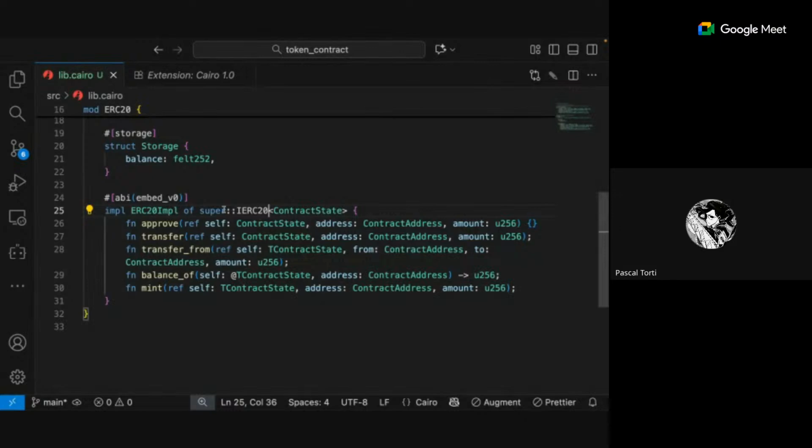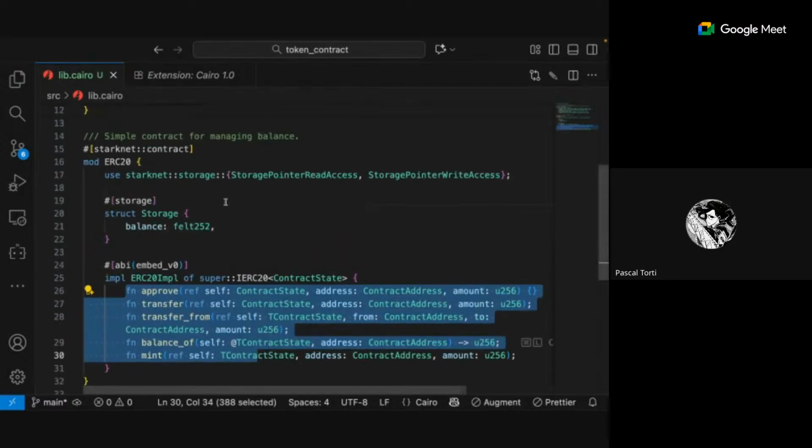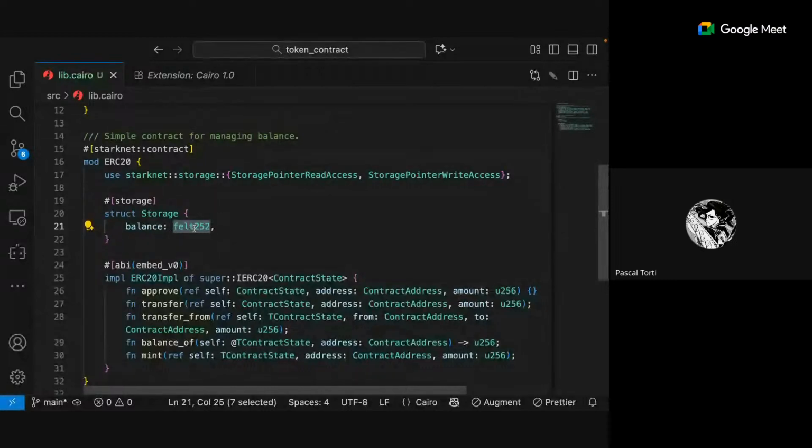So this implements this, and if this implements this, then we will have to use all the functions there in the interface. So balance: when you're doing your contract, you have to do an architecture of how the contract may be, so that you don't have to start deleting, removing, adding, that kind of stuff.